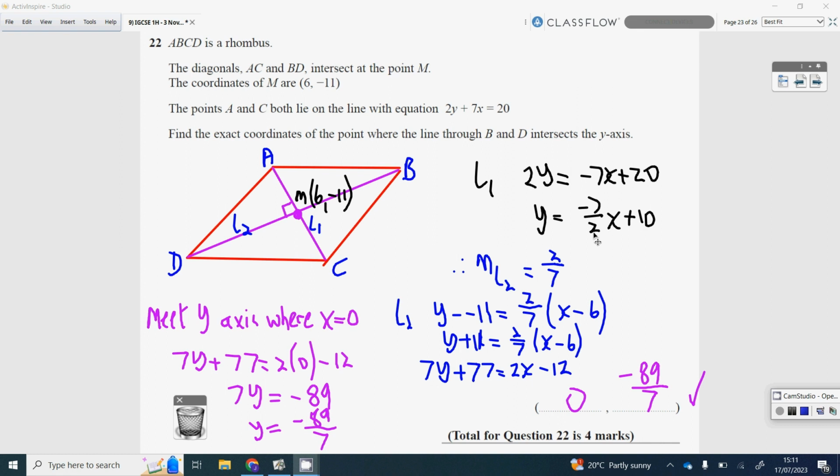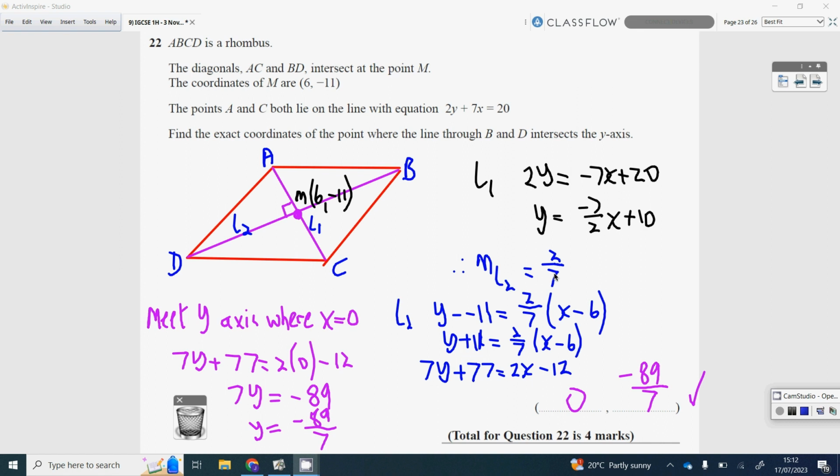Now, the gradient of my line 2 going from B to D is going to be perpendicular to that, because when you've got a rhombus, your two diagonal lines cross at a right angle. So as I know my gradient L1 is -7/2, my gradient for L2, flip it over and change the sign, is going to be 2/7.